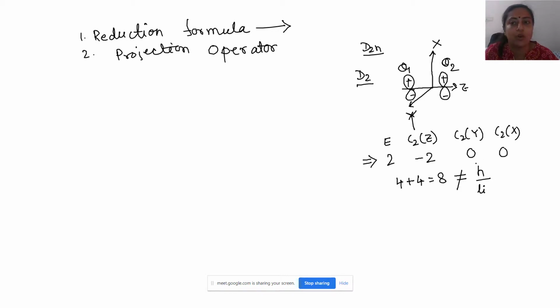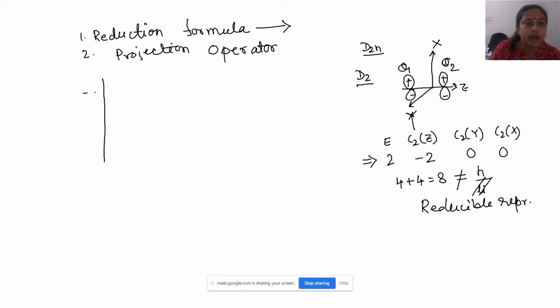The order of the group is 4, so this is more than the order of the group, hence this is a reducible representation. Now let me construct the character table of the D2 point group.